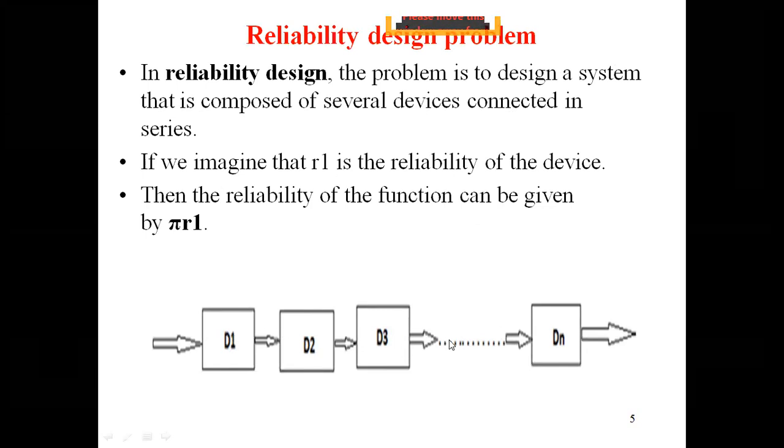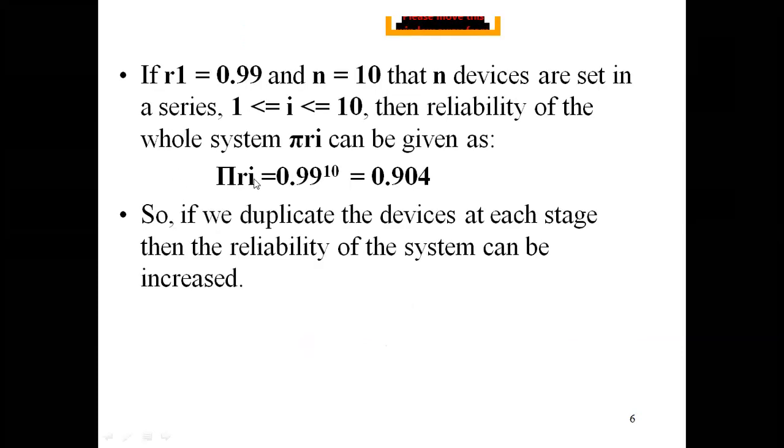Now we want to find the reliability of the whole system. That means you need to multiply 0.99 10 times. 0.99 into 0.99 into 0.99, like this, you need to multiply 10 times. That is 0.99 power 10, that is equal to 0.904.